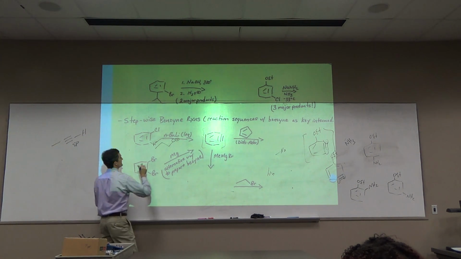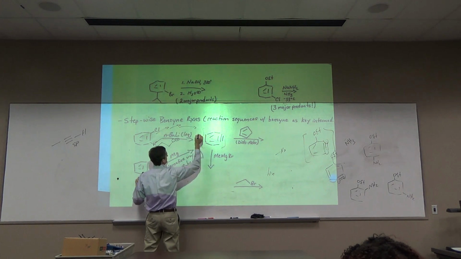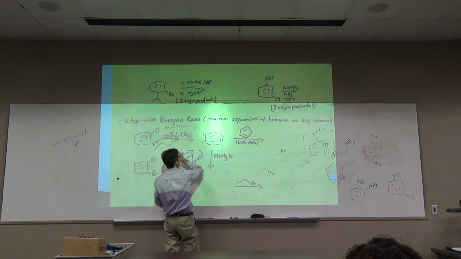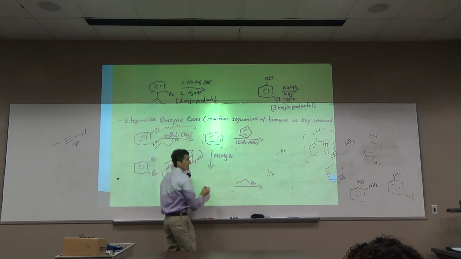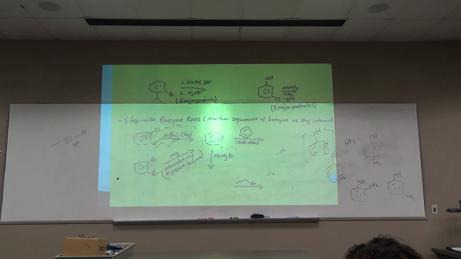I'm not going to do the complete mechanism, but depending on how many intermediates, you would have that plus what? What's the fate of this? Just butane, right? We took an H. But butane will not react with your benzyne. Butane is not a nucleophile.